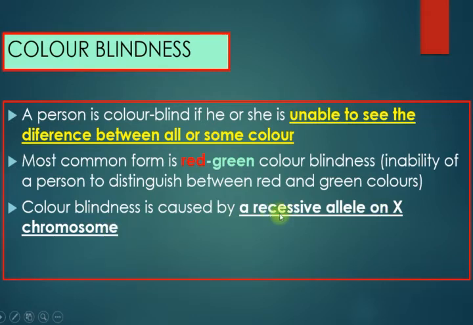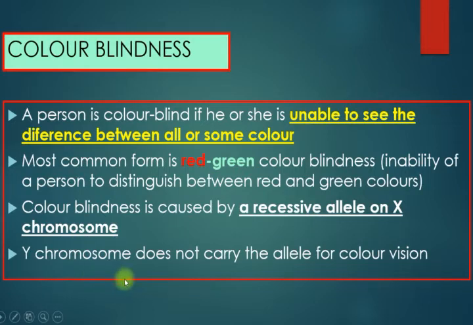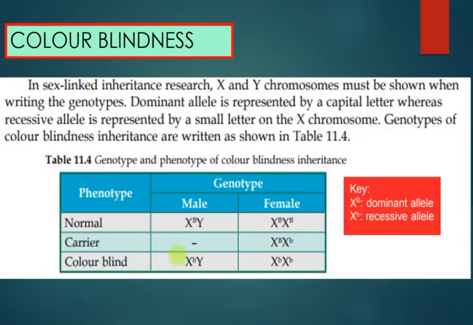The Y chromosome does not carry the allele for color vision, so only the X chromosome carries the allele for color vision that causes color blindness.